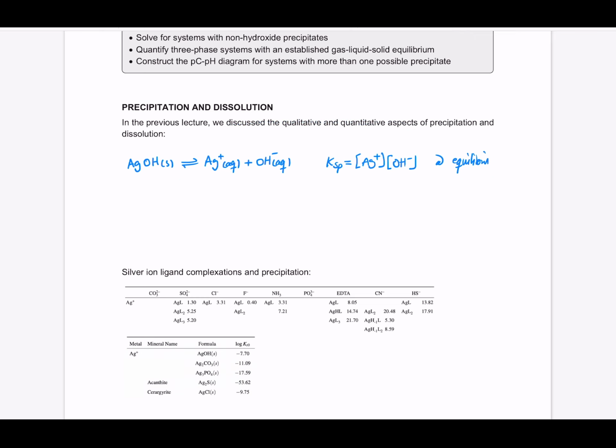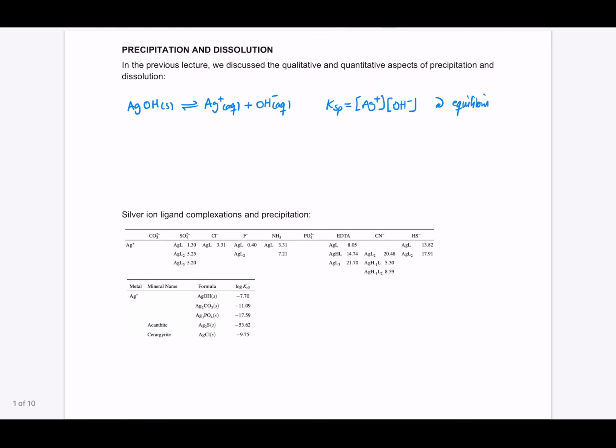We also mentioned that if we're not at equilibrium, similar to any general reaction, we introduce the reaction quotient and compare that reaction quotient with KSP. If QSP is lower than KSP, then we are undersaturated, so we still have room to add more of the metal or the ligand.